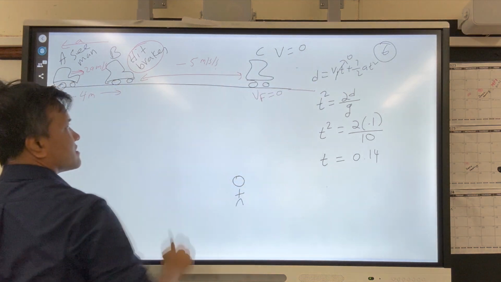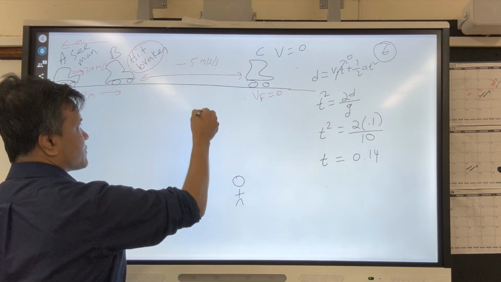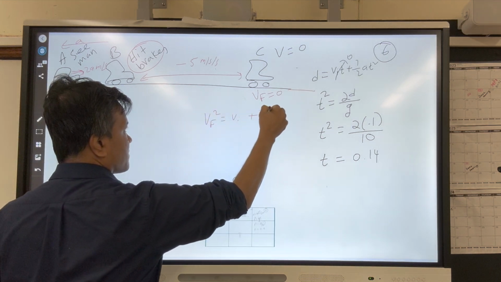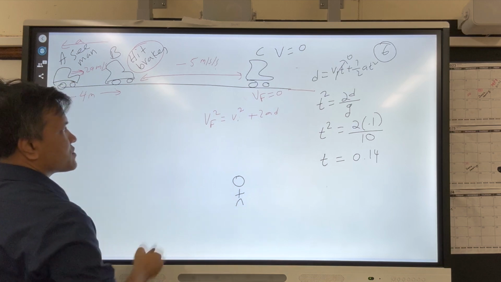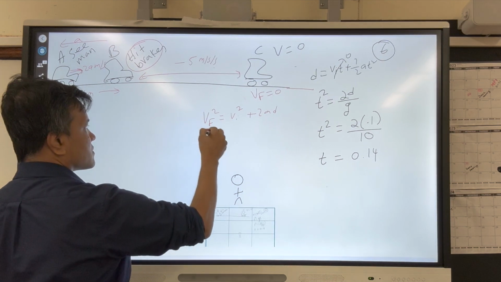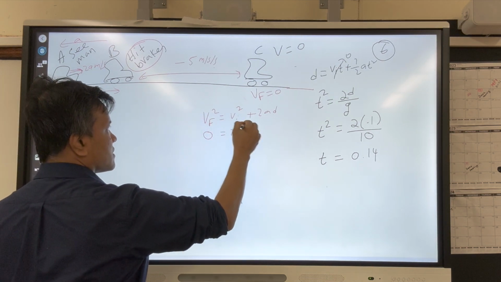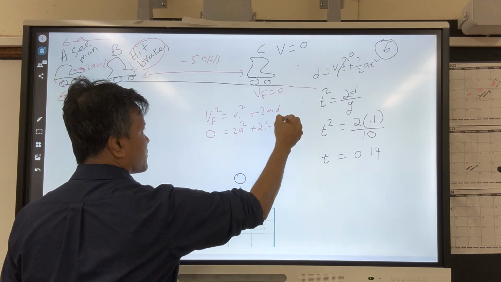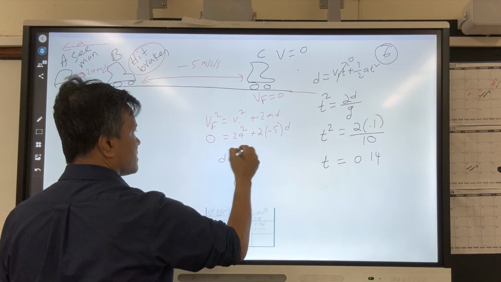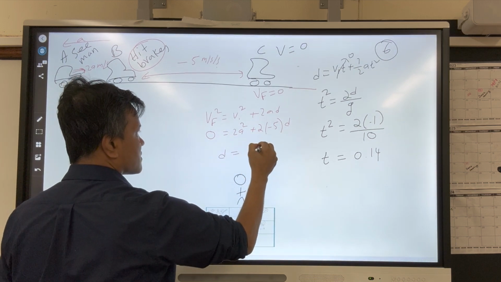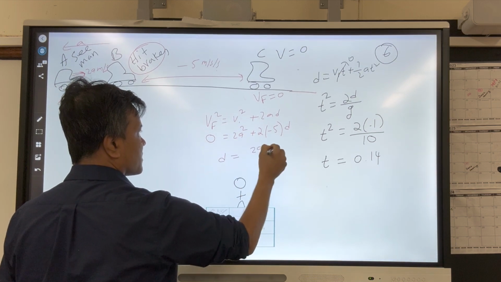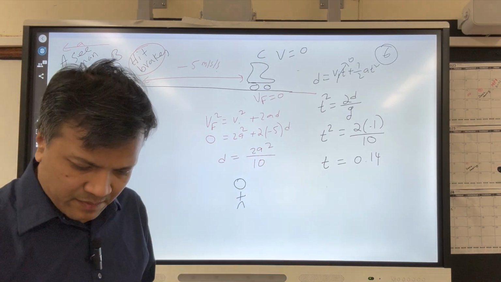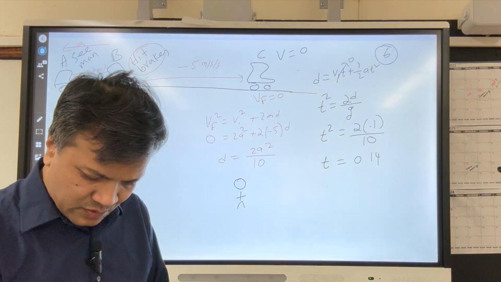here or here. Okay, so we're going to have to find VF squared is equal to VI squared plus 2AD. What is VF squared? 0. What is VI squared? 29 squared plus 2 times A, which is negative 5, and try to find the D. D is 29 squared divided by 10.